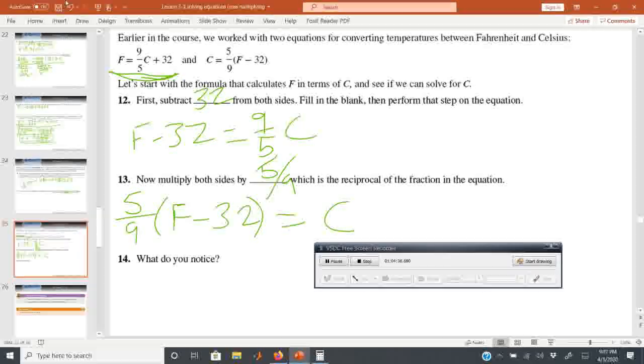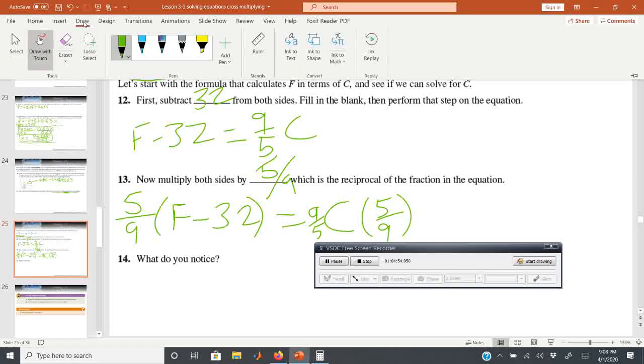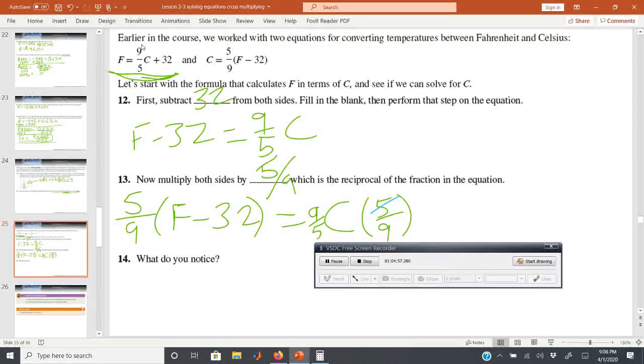F minus 32 equals, I'll go ahead and write in the 9/5 C and multiply it by 5/9.